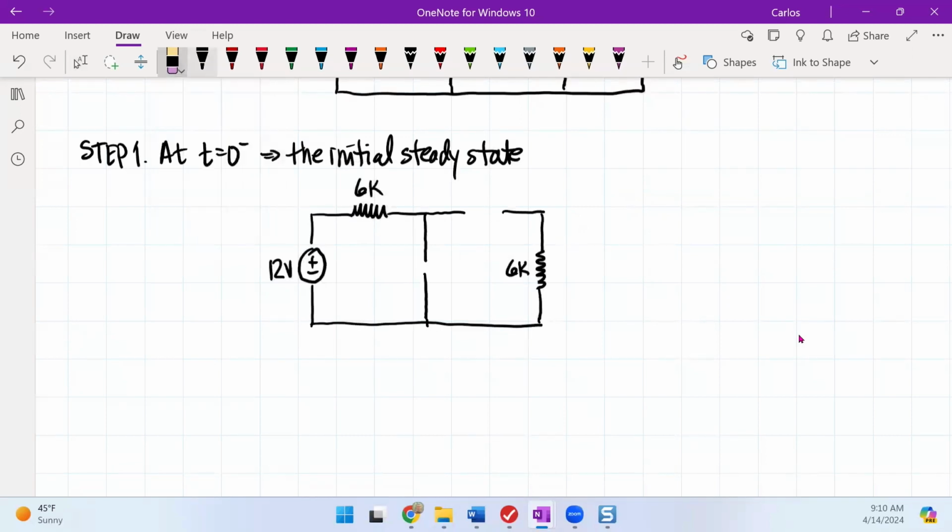So if I modify this a little bit nicer, we're seeing that I have an open, and this is plus or minus VC of 0 minus, and I have an inductor current going in this way that's also in its initial steady state.